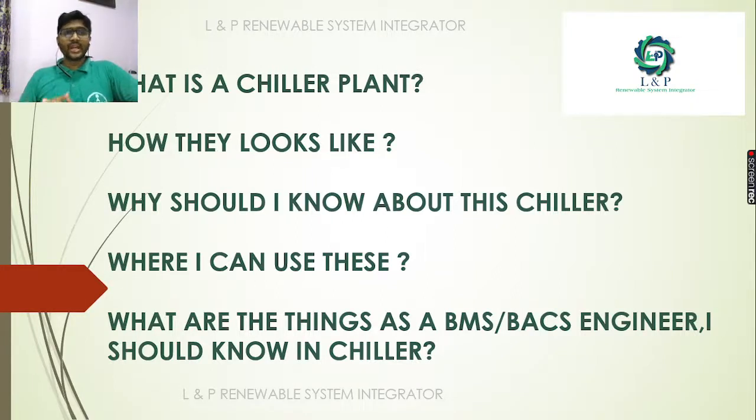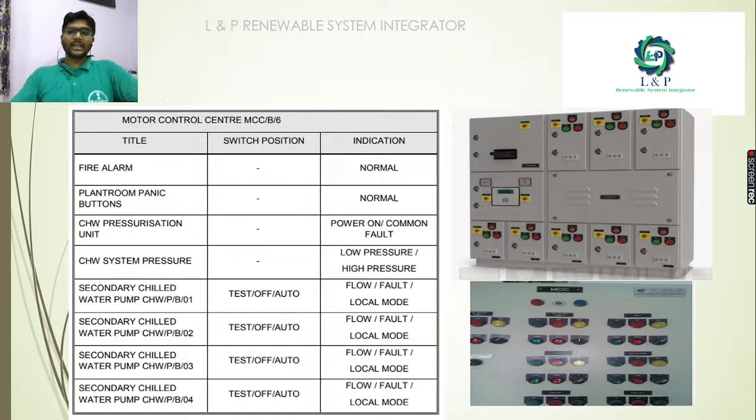In the forthcoming sessions, let us learn in depth about the sequence of operation inside the chilled water system, and how we are going to control it from the BACS point of view. This is an example.